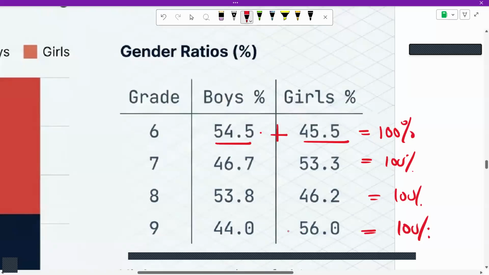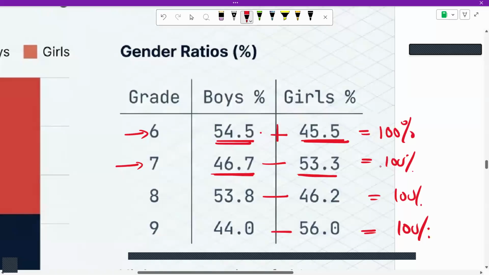You see the proportion. In grade 6, the proportion of boys is 54.5%, while the proportion of girls is 45.5%. And grade 7, the boys proportion is 46.7, the girls proportion 53.3, so equal to 100.